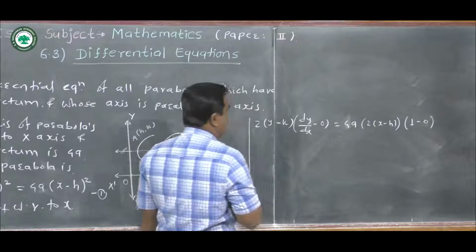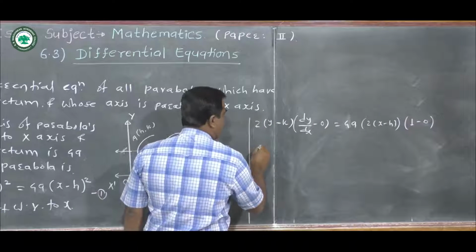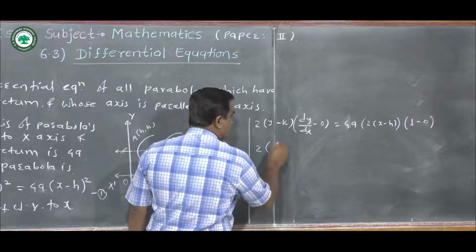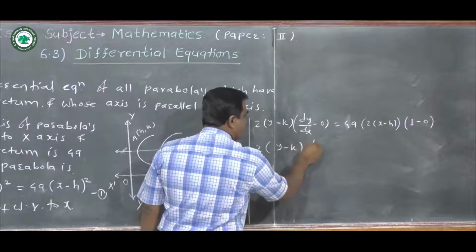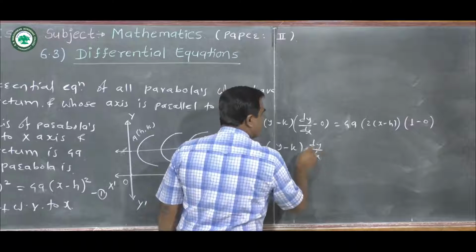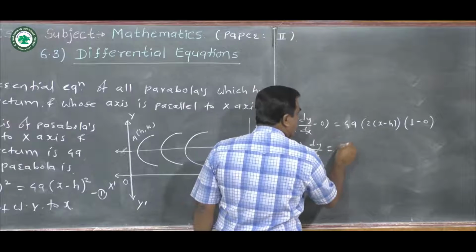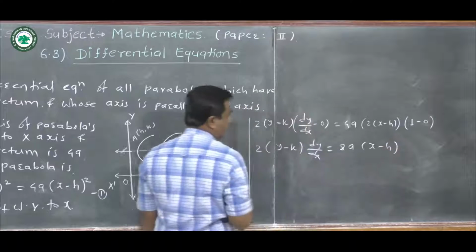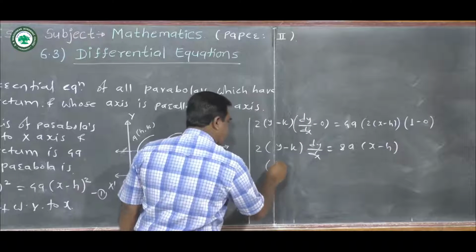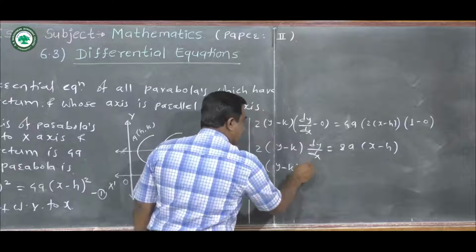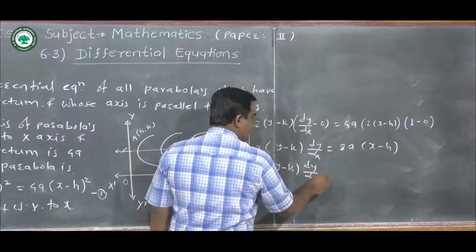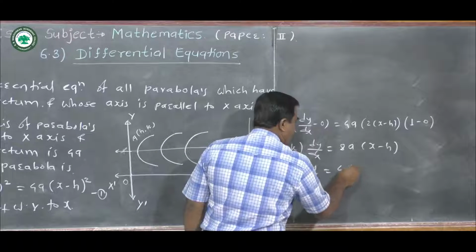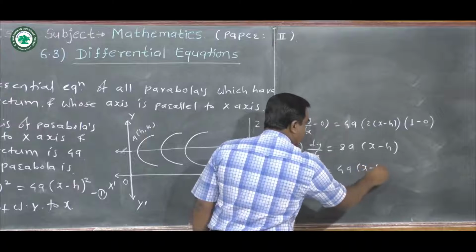That is, we can write here 2 into (y minus k) into dy by dx is equal to 8a into (x minus h). By dividing by 2, we can write here (y minus k) into dy by dx is equal to 4a into (x minus h).